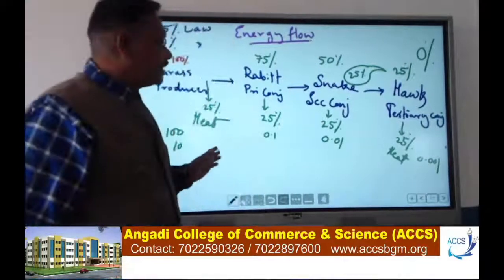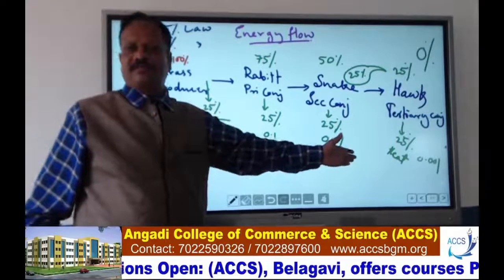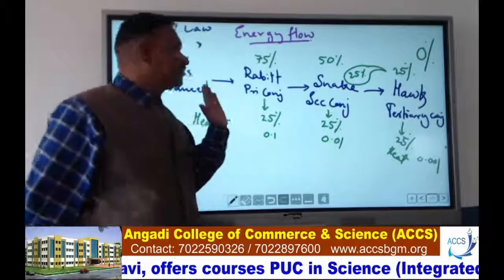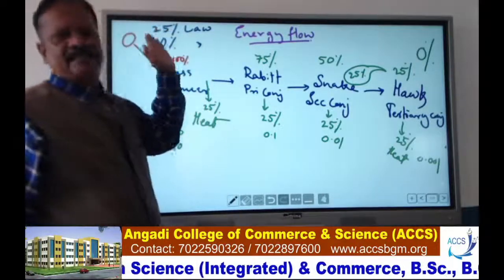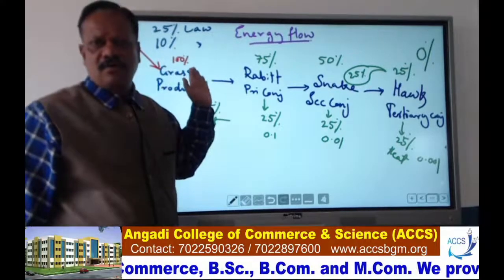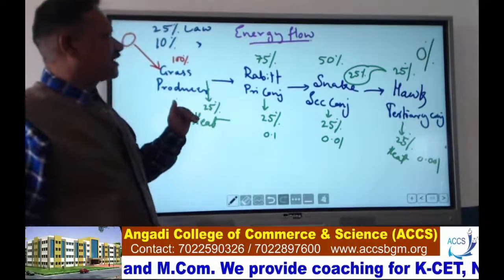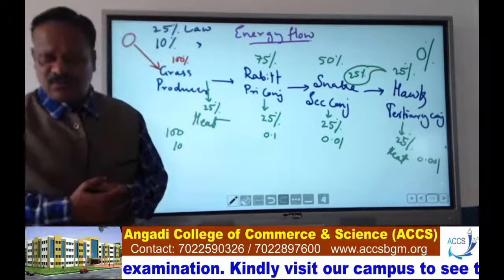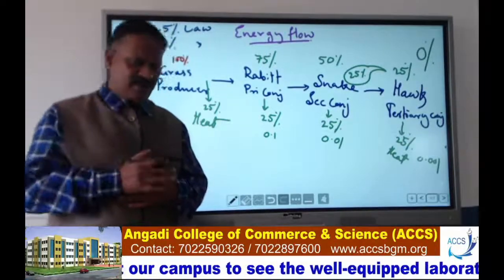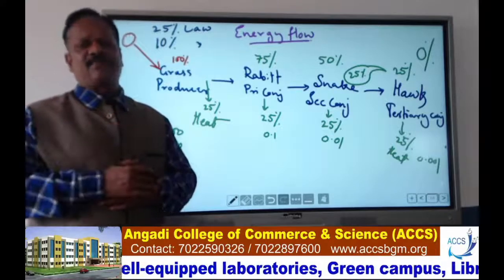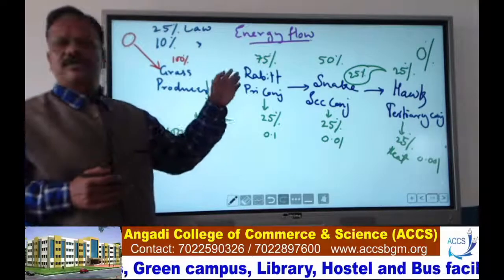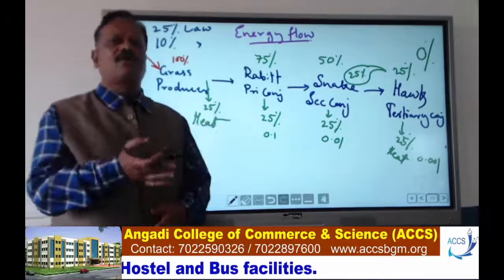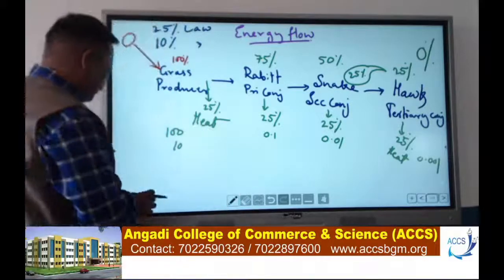So in this way you are observing the 10% law. So this is regarding the 25% and 10% law. Today we discussed the energy flow loss, that is 10% and 25%, and apart from that, the ecological parameters. Now we will go back to our questions.